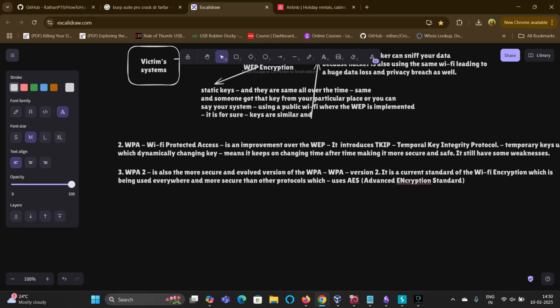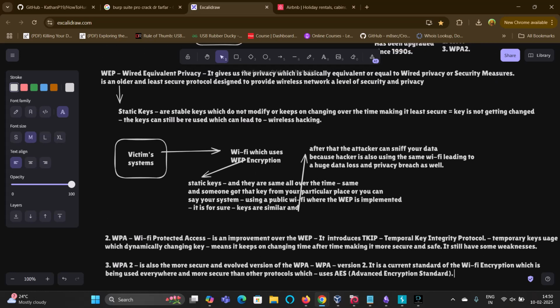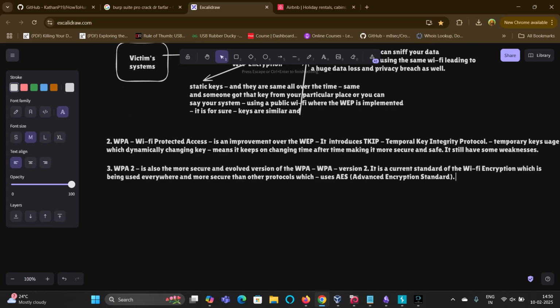As I have mentioned, there is WEP which uses static keys, WPA uses TKIP, but for the modification and for more securing of the Wi-Fi protocols, or you can say the Wi-Fi or internet, we are using Wi-Fi encryption WPA2, which uses AES, the Advanced Encryption Standard, and it is used for stronger encryption.